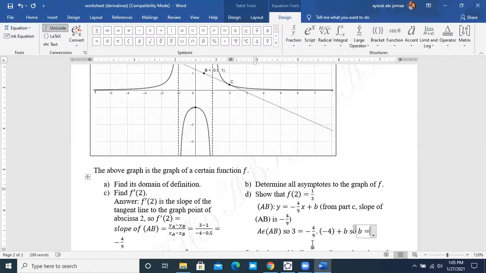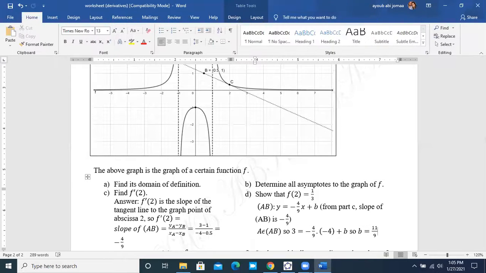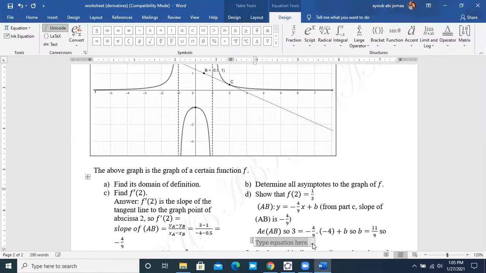What do you get? 27 minus 16 over 9, 11 over 9. So line AB has equation y is equal to negative 4 over 9 x plus 11 over 9.